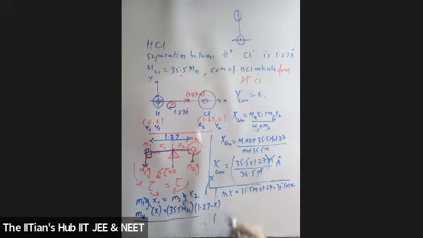Take x on the other side. Mx plus 35.5 times m into x is equal to 35.5 into 1.27 into m. Can I get the value of x? Yes. So see, the numerator has come. What will the denominator be? 35.5 plus 1 will be how much? 36.5. m will get cancelled.